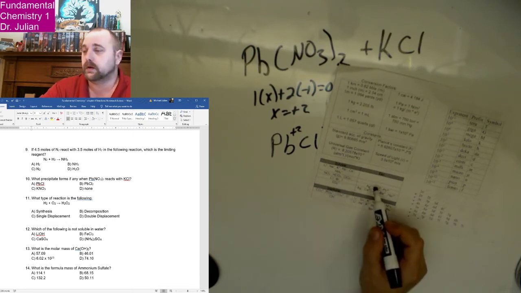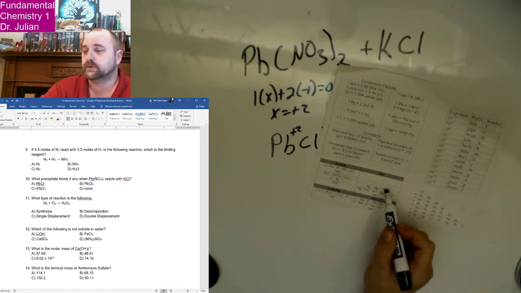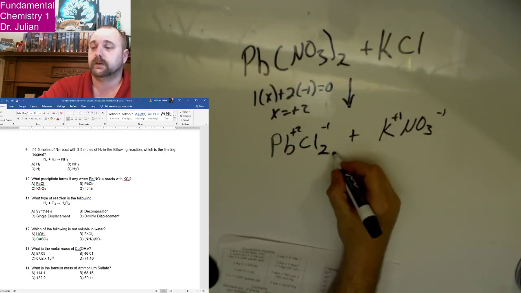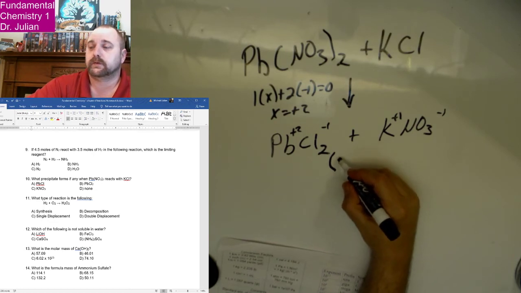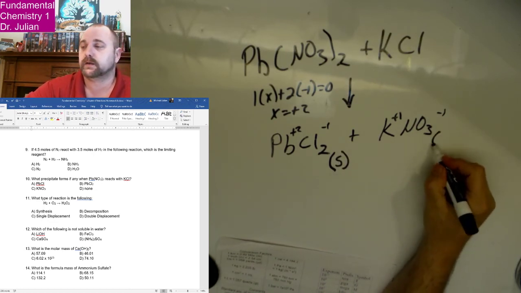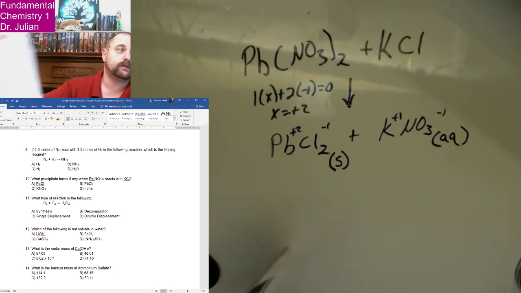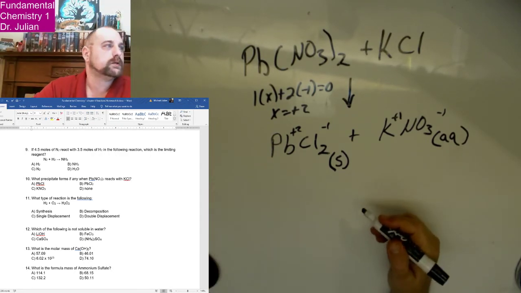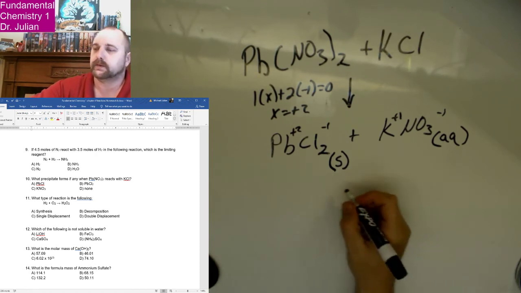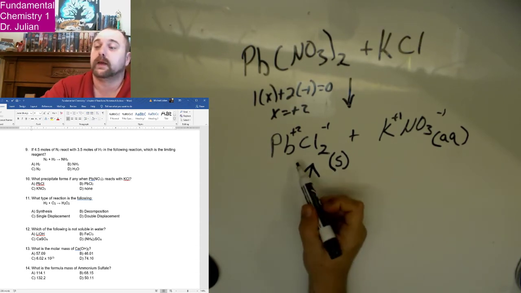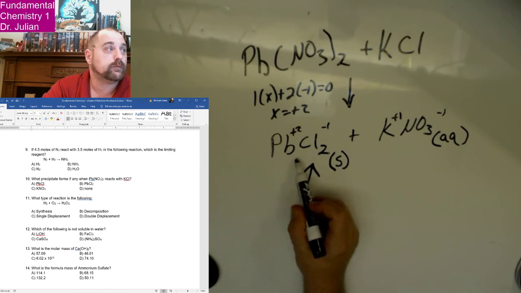Cl is soluble unless it's with silver 1, mercury 2, or lead 2. It's with lead, it's a +2. So this is not soluble, so it will be a solid. This is soluble, so it's aq, aqueous, dissolved in water. Now I'd ask which one, what precipitate? That's the solid that's formed. So PbCl2. Ooh, sneaky. They asked if it was going to be PbCl or PbCl2. It's PbCl2 that gets formed.